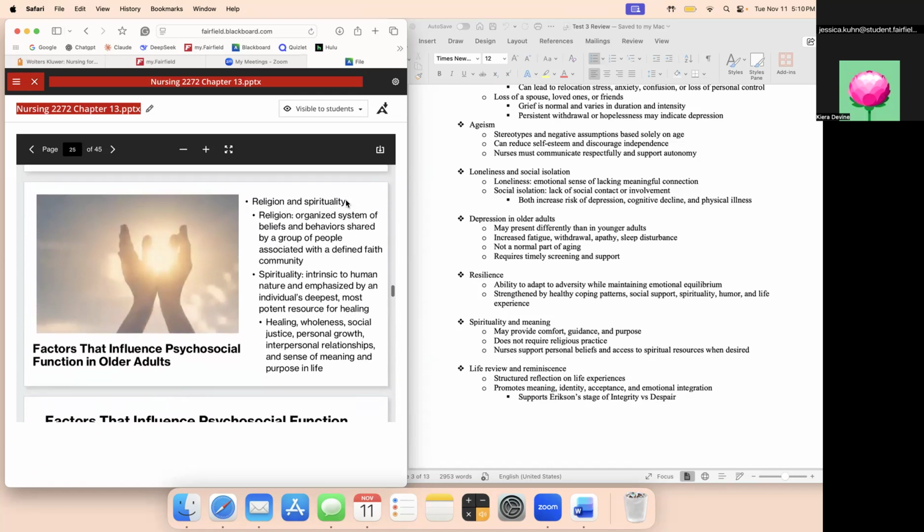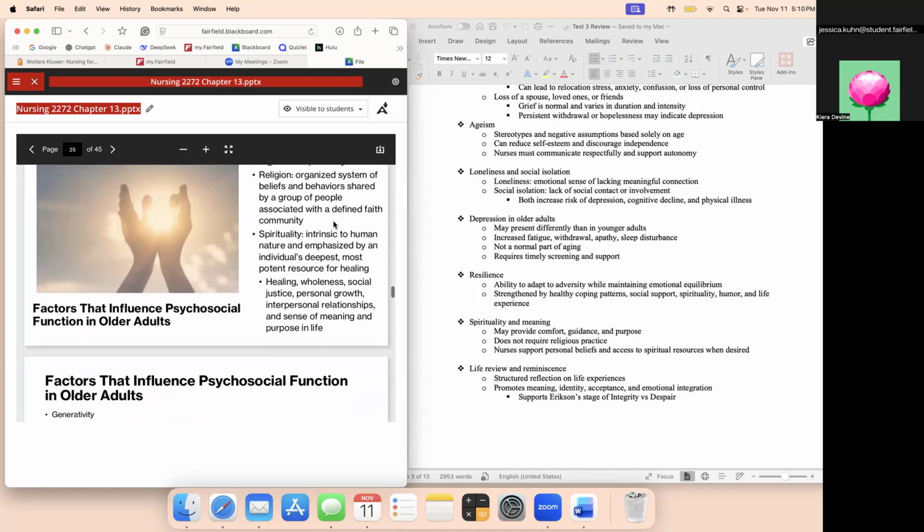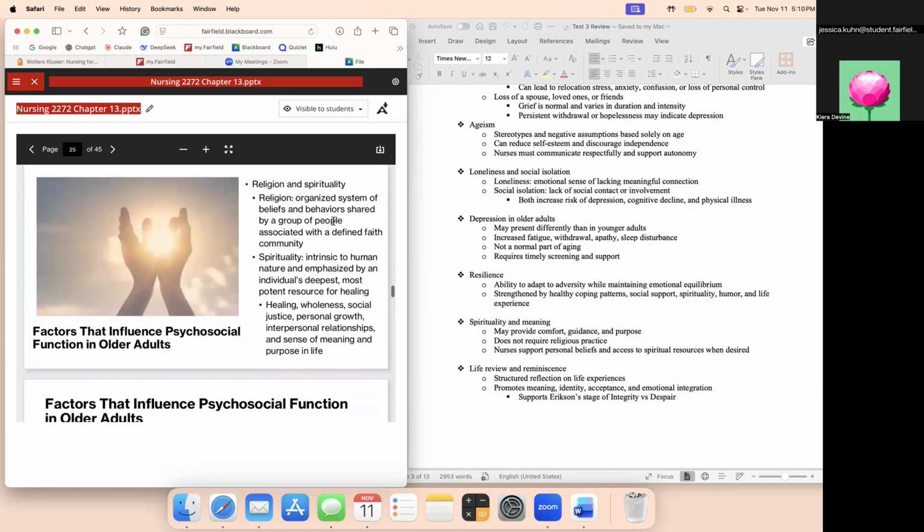Religion and spirituality can pull heavily into someone's psychosocial functioning. Finding one of these religions or spirituality theories could really help someone find meaning in what's going on in their lives.